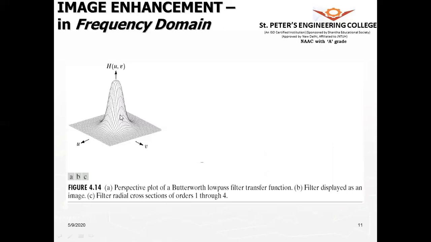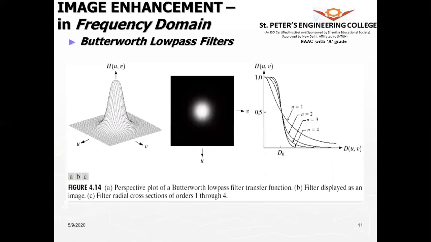So here we have shown the perspective plot of a Butterworth low pass filter, and this is the filter displayed as an image. So now you see there is no sharp cutoff, there is a transition from the pass band to the stop band. This is the stop band, this is the pass band, and in between is the transition band.